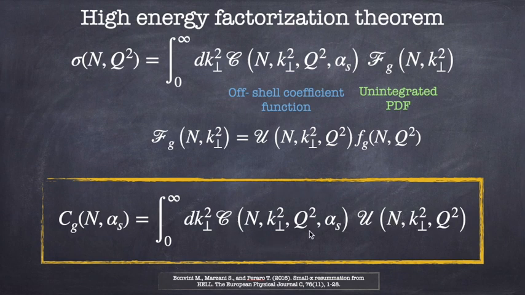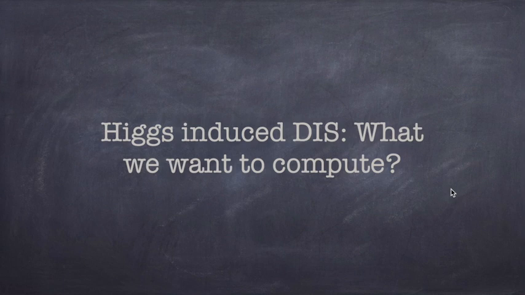And the off-shell coefficient function instead is process dependent. We can compute it at some order in alpha s, but the really important thing is that it doesn't contain any small x singularity.